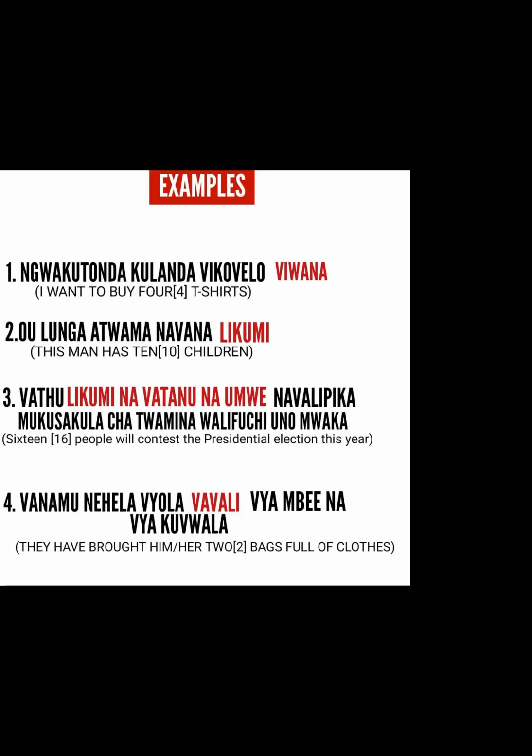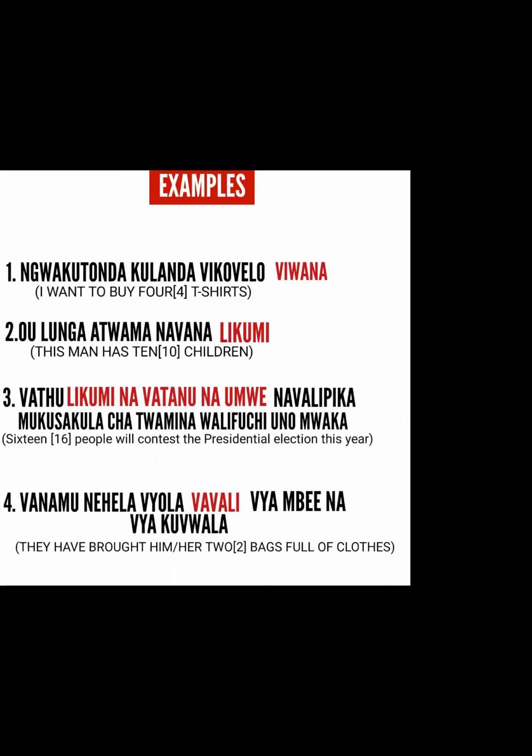it would be 15 na chimwe. But now in this case, it is referring to people, or animals, or a thing, it takes a different form, which is in this case, vatu.